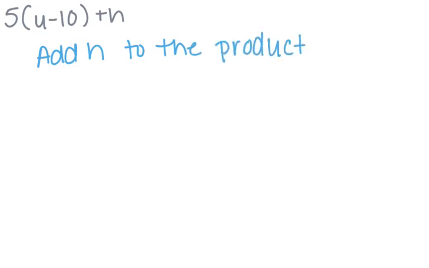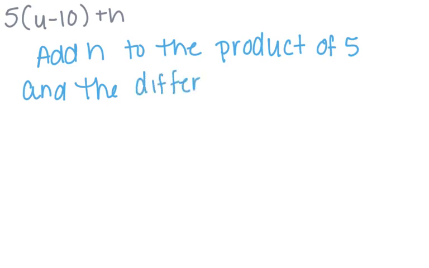Now we have 5 parentheses U minus 10 plus H. So I'm going to say add H to the product of 5 and the difference of U and 10.